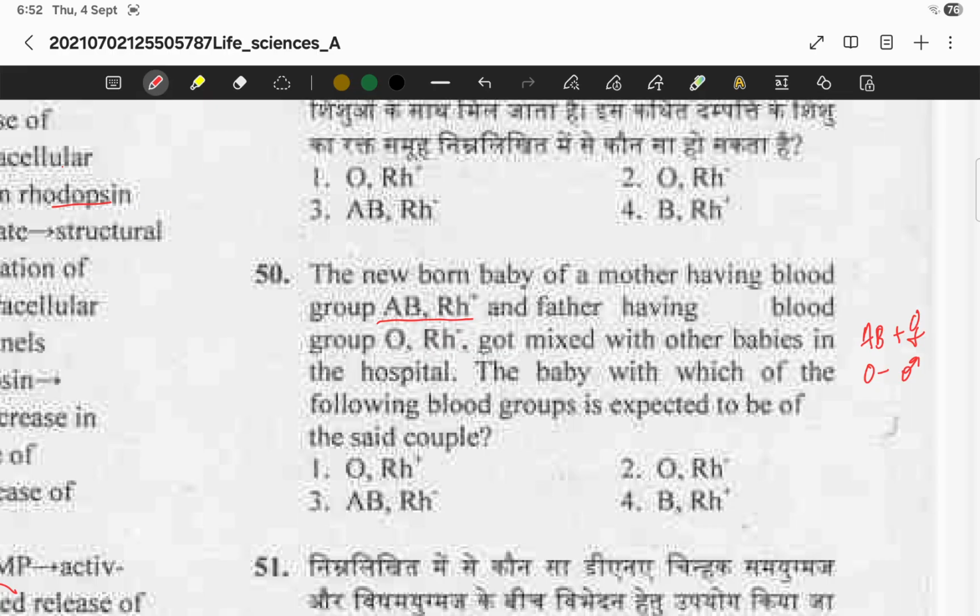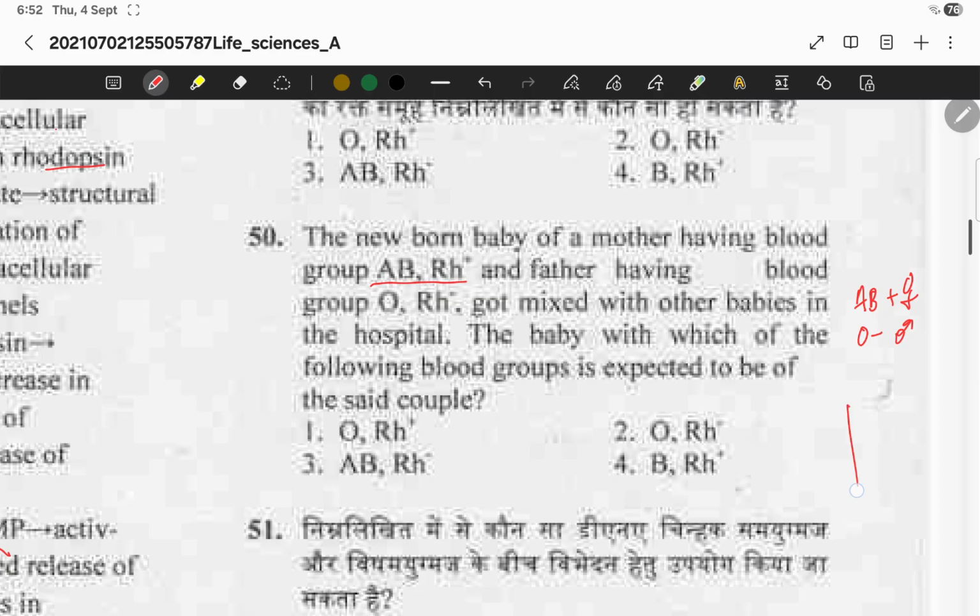A baby can be anything. What kind of question is this? Okay, let us see. A, B, O, this and this. So this is not the one and this is not the one, and this is again not the one. So, this. Nice question, I like it.